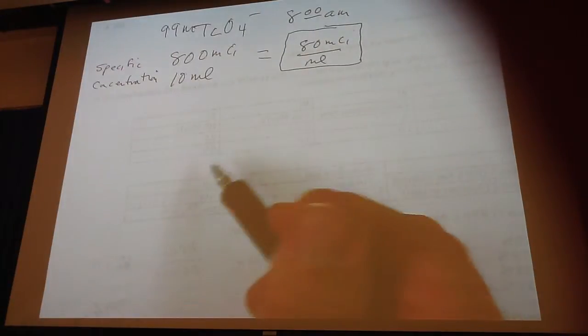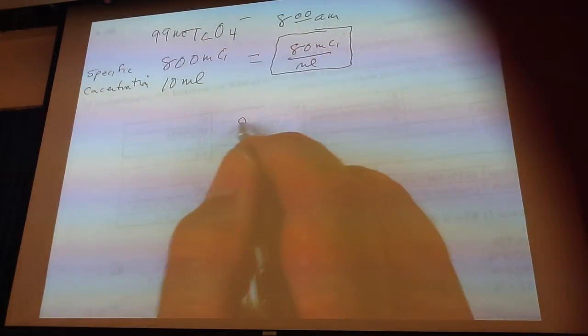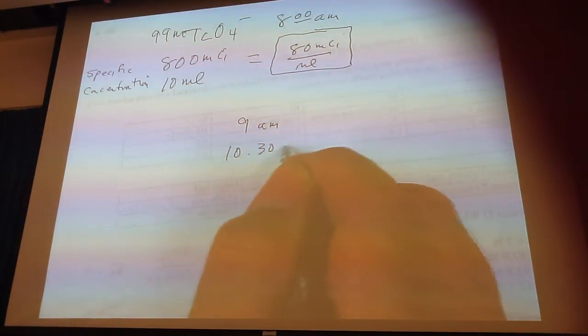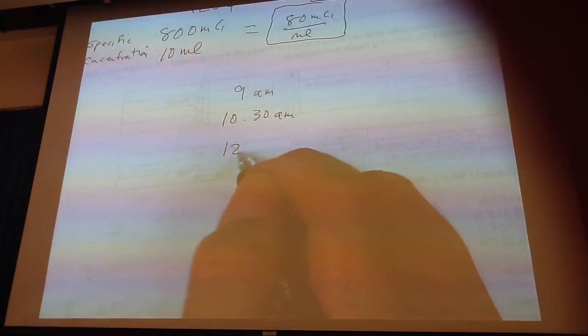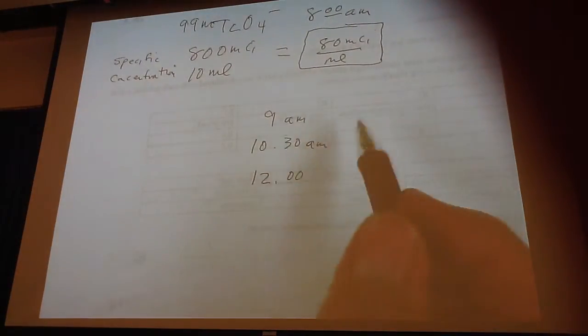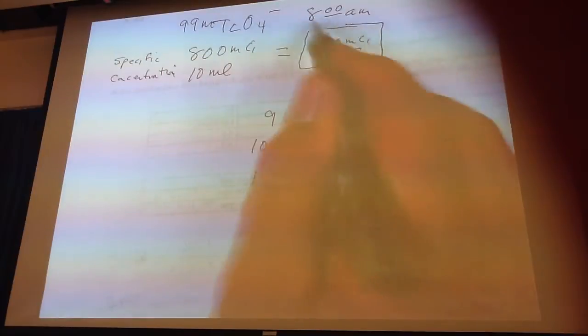Okay. Then the next thing is, you've got patients that are coming at 9 a.m., 10:30 a.m., and 12 noon. Okay? So, you're going to prepare your dose at 8 a.m. in the morning.